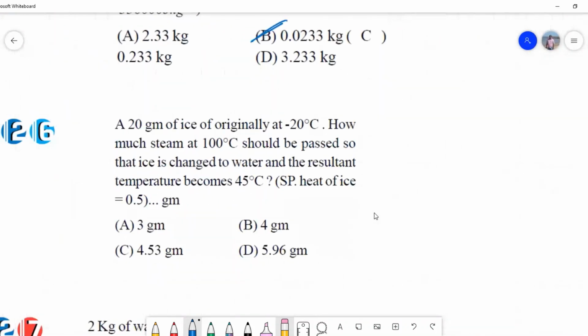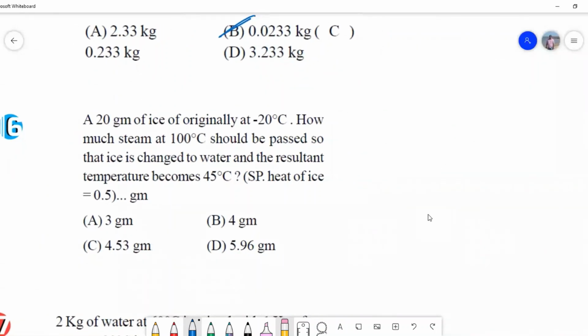Now let's move on to problem number 26. What is this problem given? 20 grams of ice, originally at minus 20 degrees centigrade, is there. How much steam at 100 should be passed to the ice so that it changes to water and the resultant temperature becomes 45?